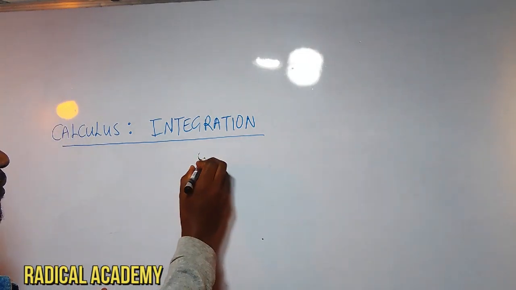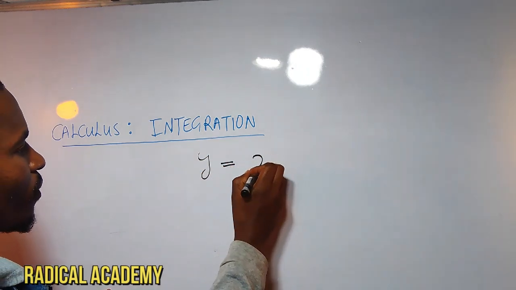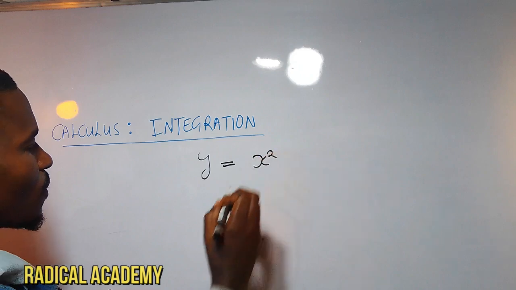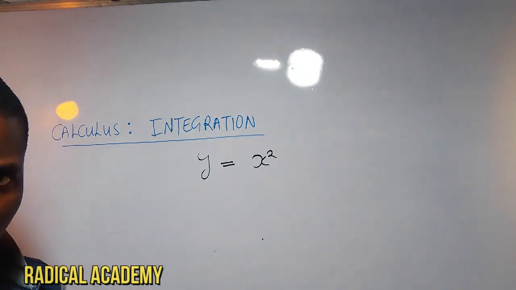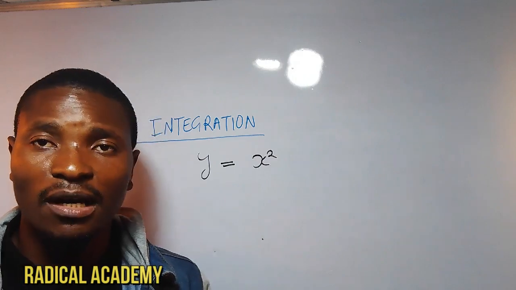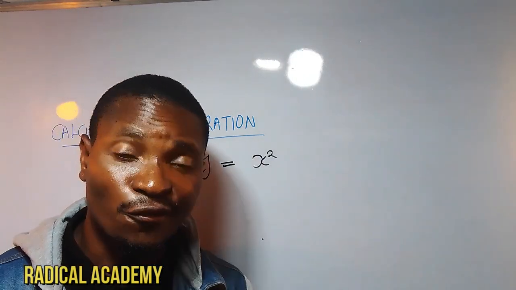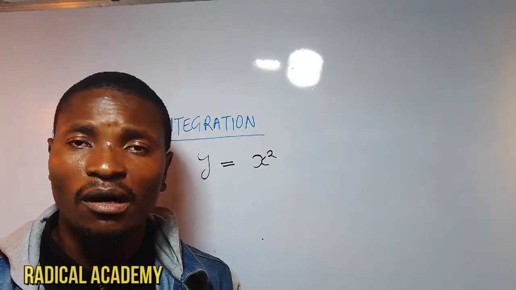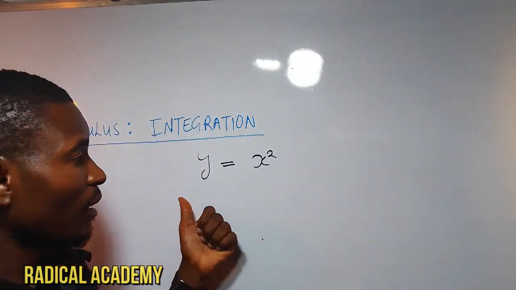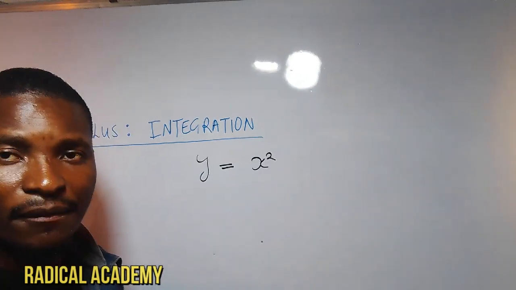So if I have y equals x squared. Now, the most basic idea about integration is first of all to understand what is differentiation. So let's say, for example, if they tell me to differentiate this one, okay?